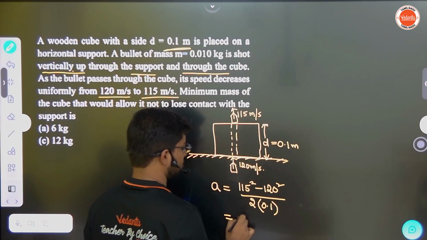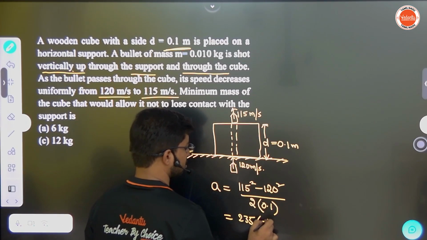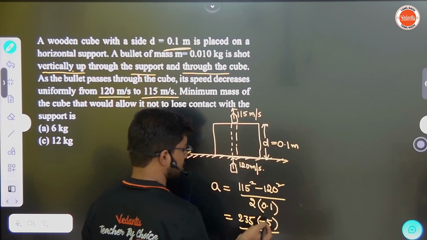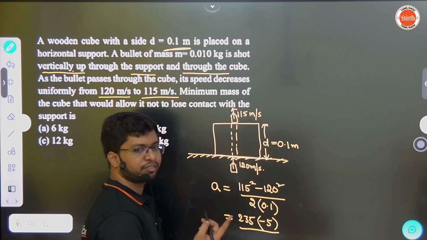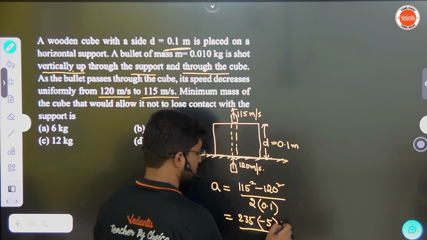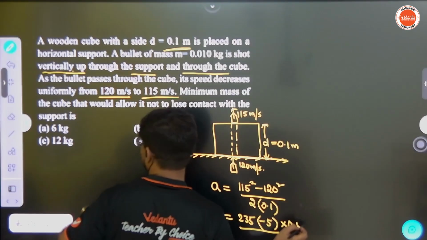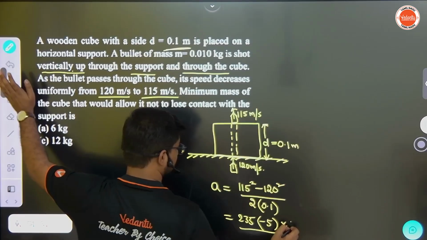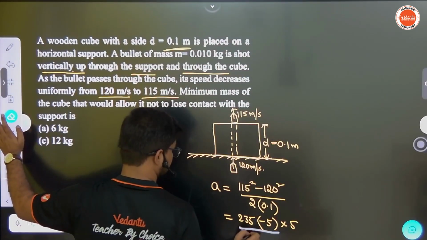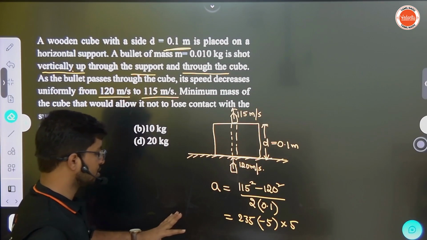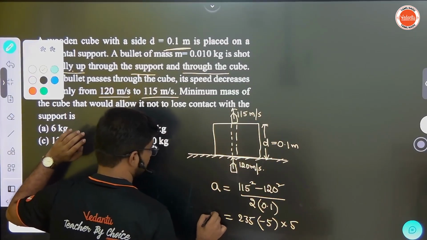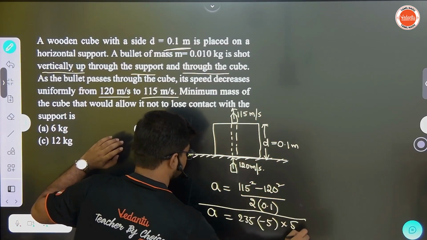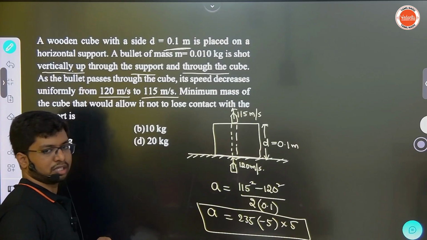This is 235 into minus 5 divided by 0.2. What is 1 by 0.2? 1 by 0.2 is nothing but 5, right? So multiply with just 5 here. Clear? So this is the acceleration, or sorry, ideally this is the deceleration.